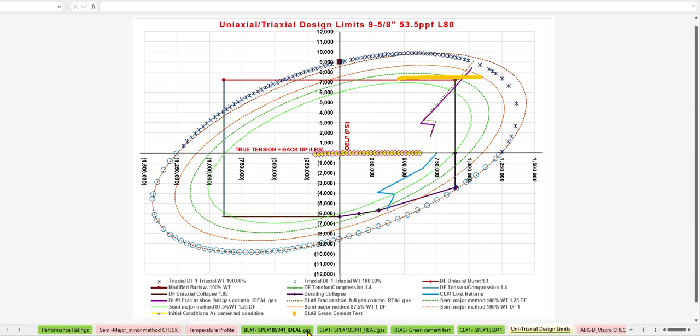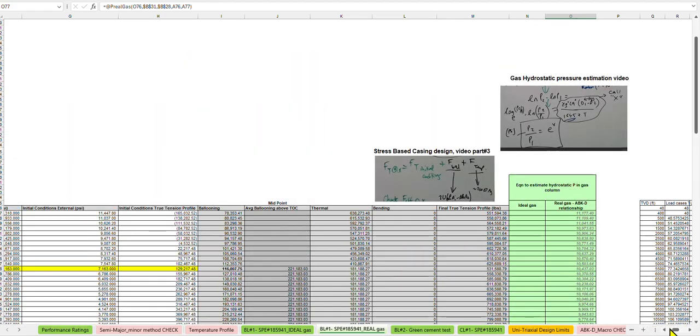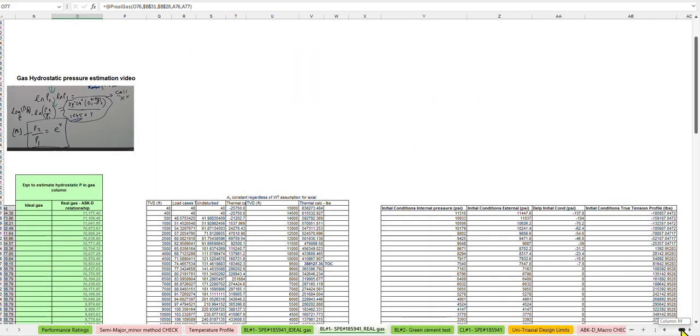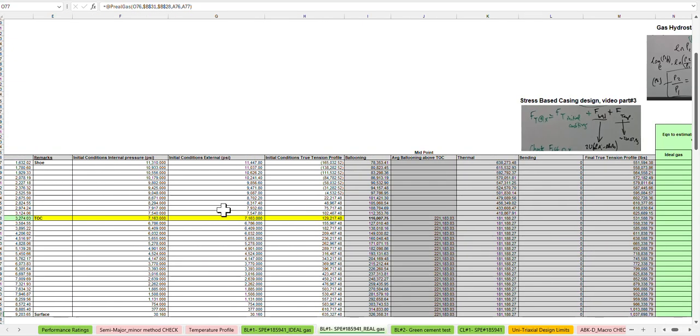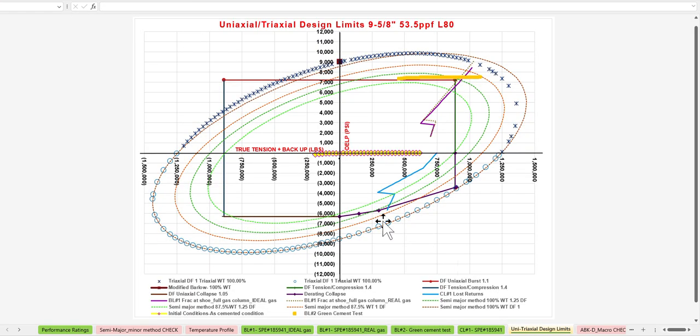So initial conditions, I think it was calculated here. The initial conditions tension profile is basically put in as a starting point, so we know where we are starting from. So the pressure differential is almost zero.